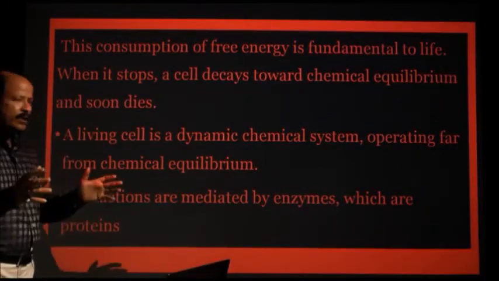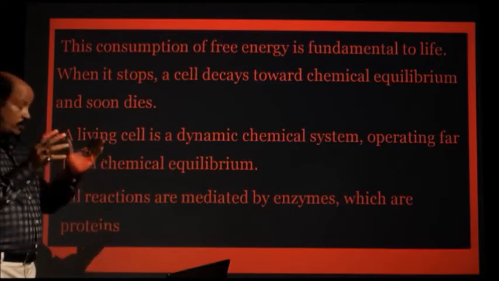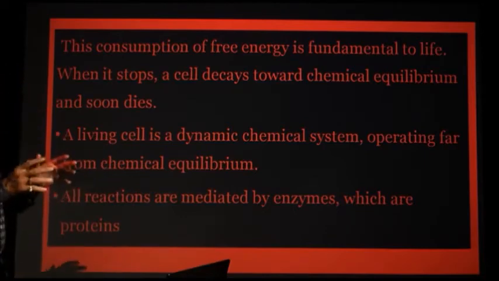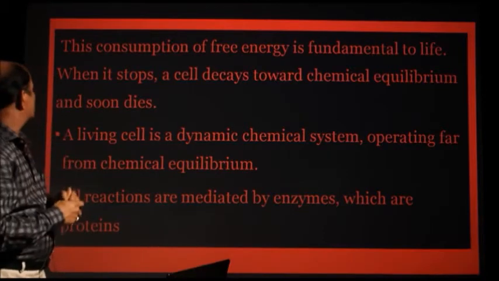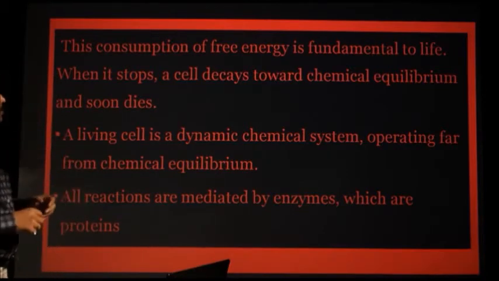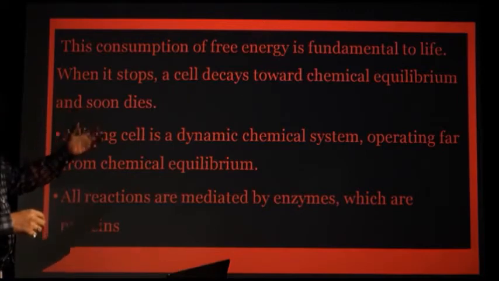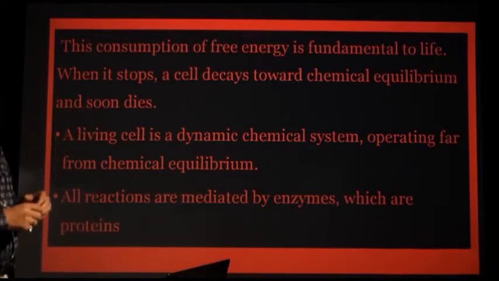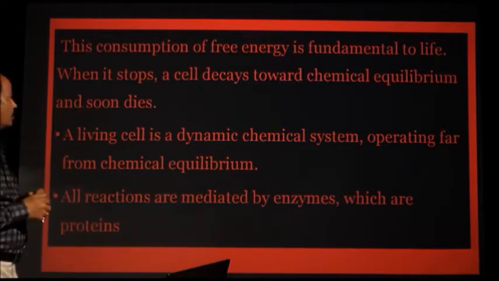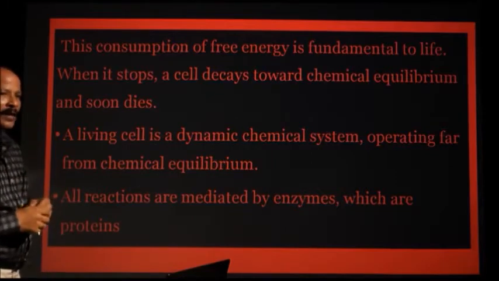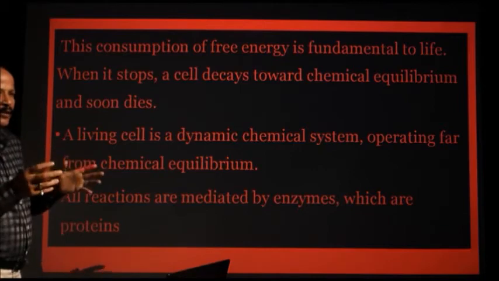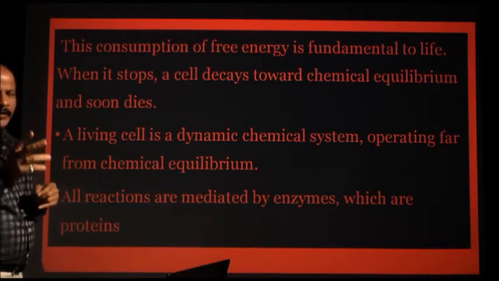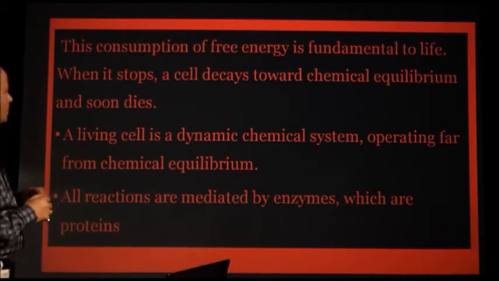Now let us see how a cell works. The cell needs energy, and that energy is free energy, which is fundamental to life. If you look at plants, plants take solar energy and convert it to chemical energy stored in carbohydrate.